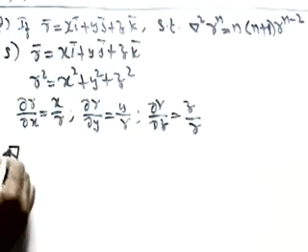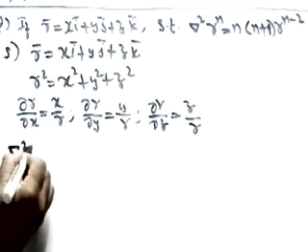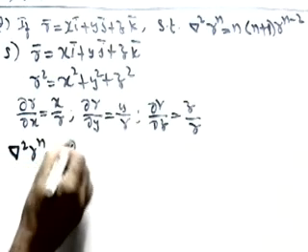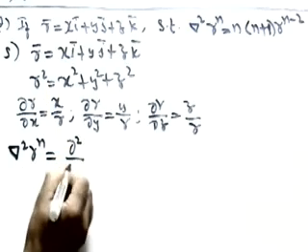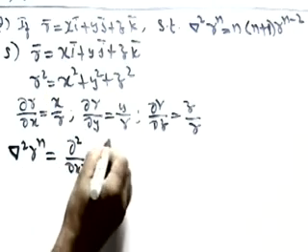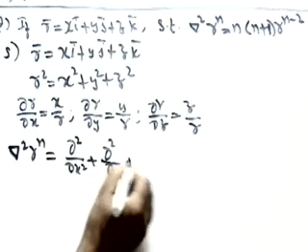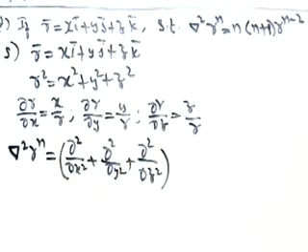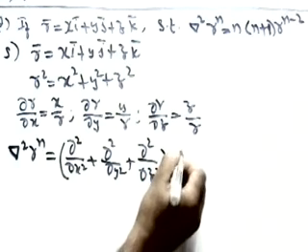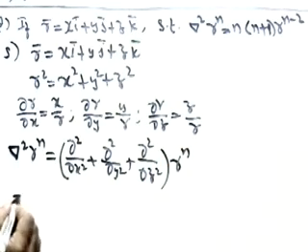Now till now we have done a few questions up to here, the same procedure. Now we have to start del square r power n equals to, what is del square? Just now we have seen dou square by dou x square plus dou square by dou y square plus dou square by dou z square into r power n.